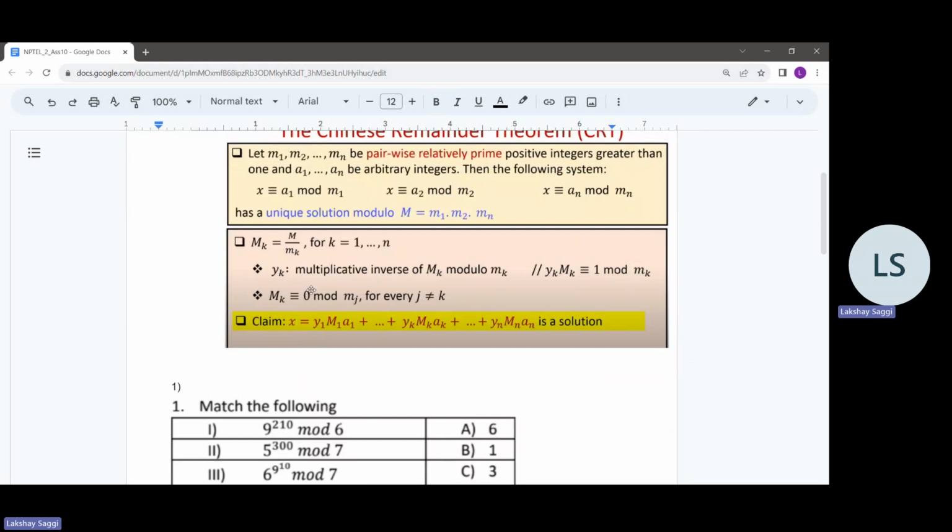Now, what else do we need to find? We have the small a1, a2, and capital M1, M2. Now we need to find the small y1 and small y2, essentially.